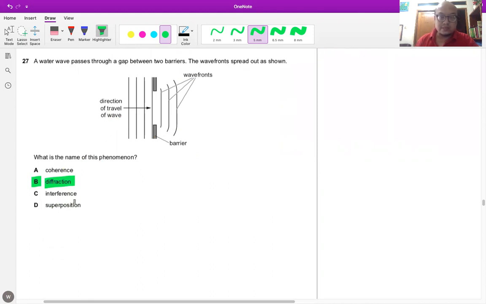Interference is in two slits or a double slit. Superposition is when two or more source waves join together. Coherence is when the frequency and amplitude are constant and the phase difference is the same. So the correct answer is B.